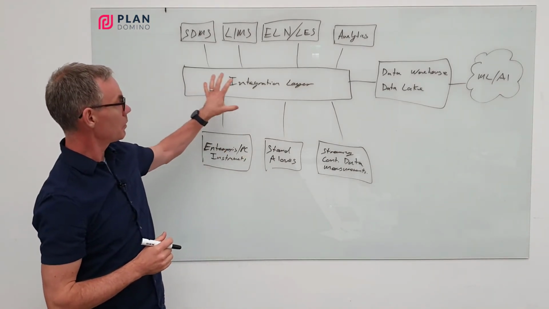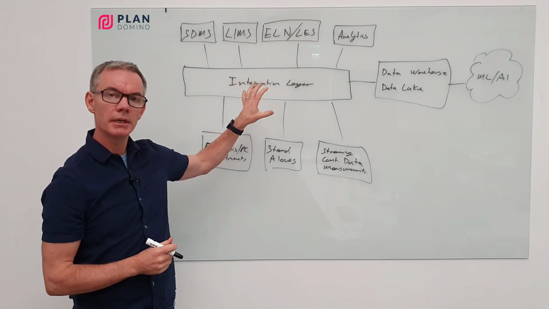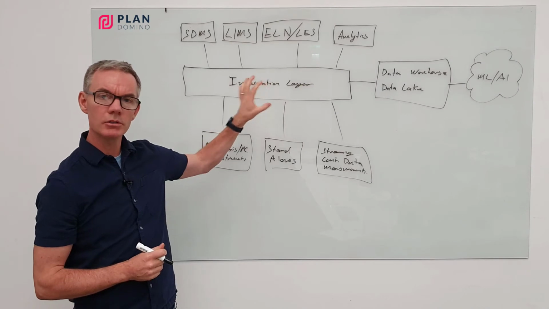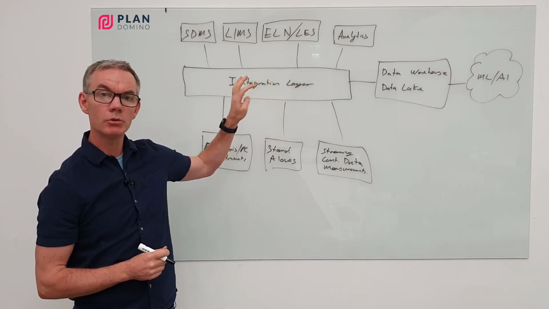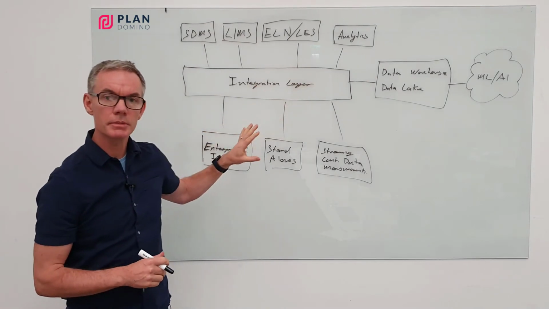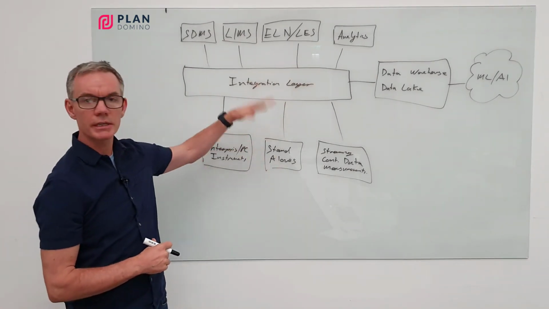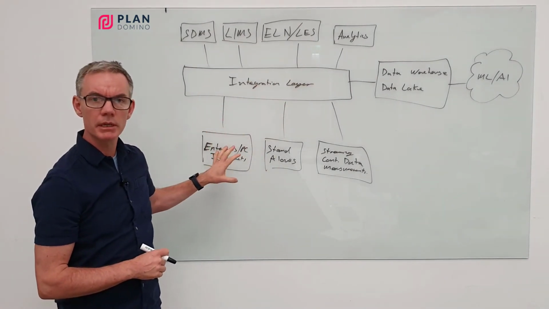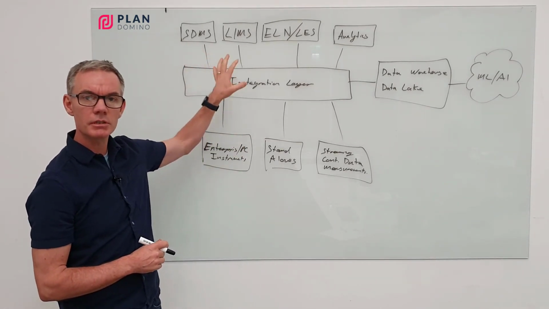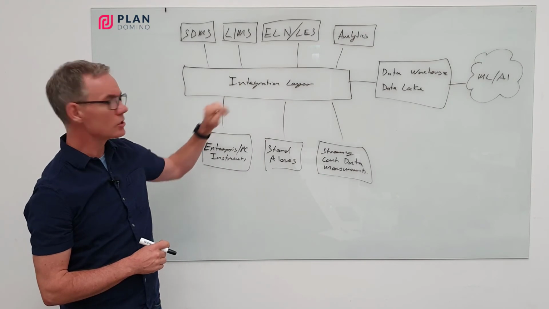So ideally what we want to have is an integration layer that is just like our Industry 4.0 unified namespace, in that it plays well with all other systems. It allows us to connect in whatever instruments that we have. It allows us to connect in whatever bits of software or systems that we have, and essentially it acts like the unified namespace.